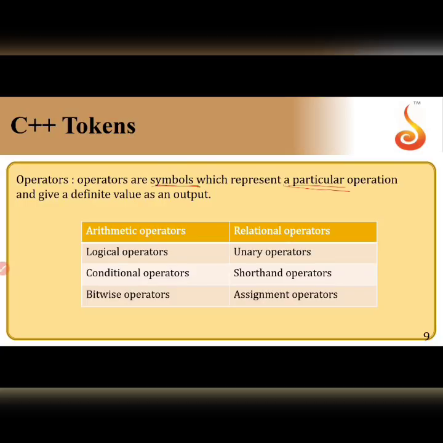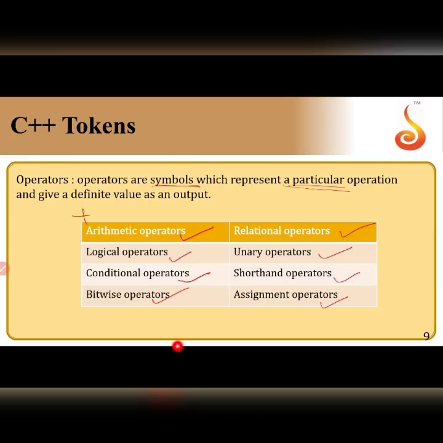The different kinds of operators available in C++ are arithmetic operators, relational operators, logical operators, unary, shorthand, assignment, bitwise and conditional operators. When I say arithmetic operators, what are the different arithmetic operators available?